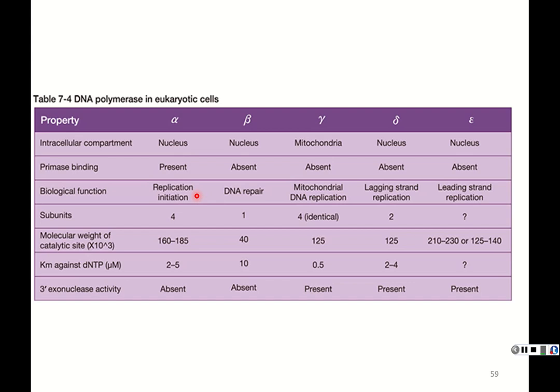It's responsible for that. The beta is for DNA repair specifically. It's really the delta and the epsilon that are important, or that are similar to the polymerase that we've seen in E. coli, right? And so delta is lagging strand and epsilon is the leading strand. And they both as well have that 3' exonuclease proofreading ability.